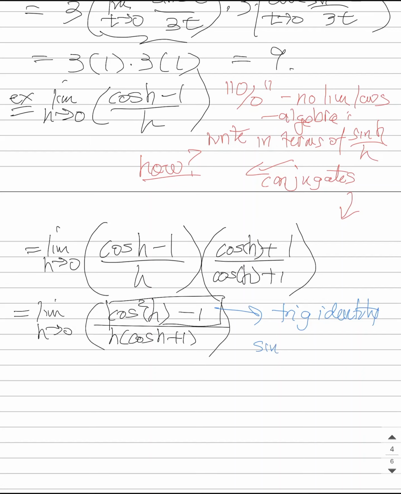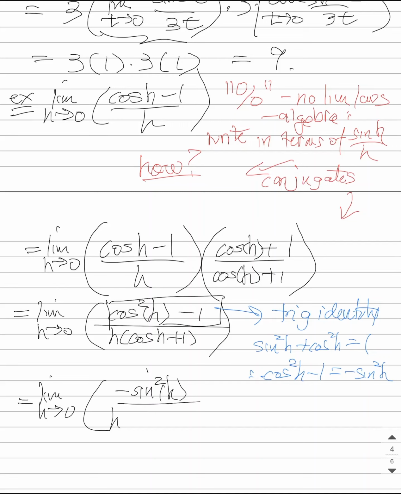Recall that sine squared of h plus cosine squared of h is equal to 1. And so that means if I ever end up with cosine squared of h minus 1, it's negative sine squared. Remember, the entire goal of this strategy was to get everything that's present in terms of sine h over h.